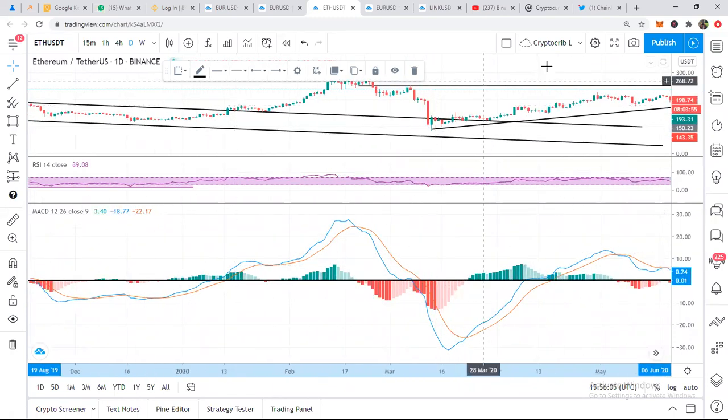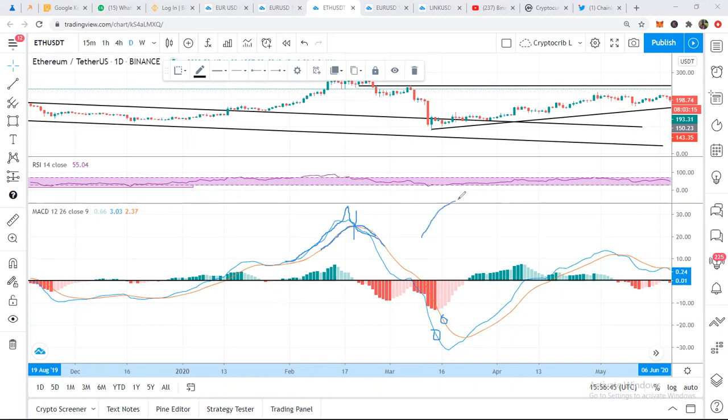You can see two lines, right? This is the blue line and this is the orange line. You can see these two lines are going parallel to each other. But whenever this blue line intersects this orange line downward, that indicates a sell.